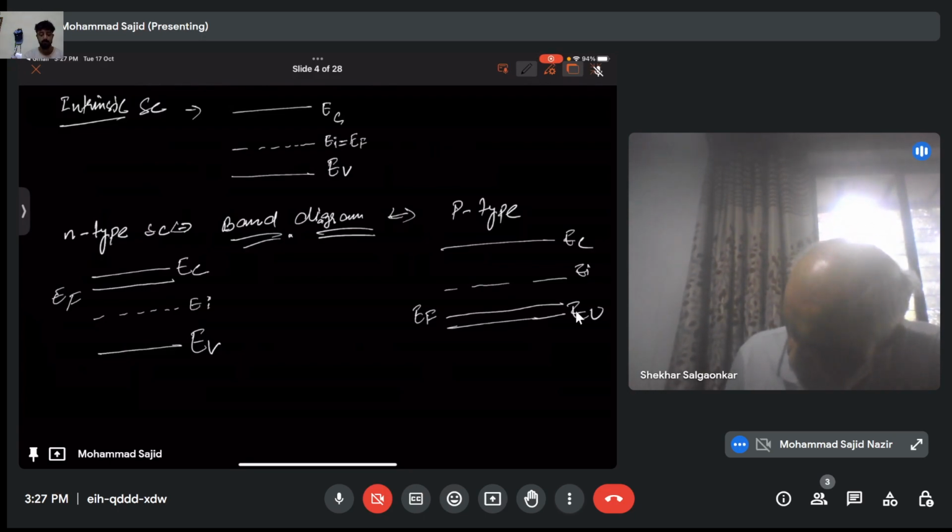The more EF is close to EC, the more electrons the device has, and the closer it is to EV, the more holes the device has. So this is a basic look of the band diagram for n-type and p-type materials.